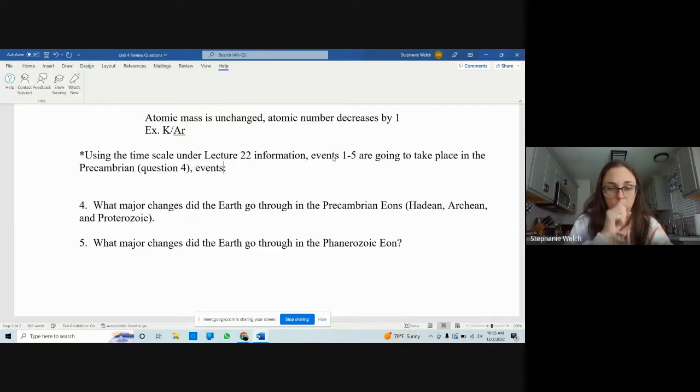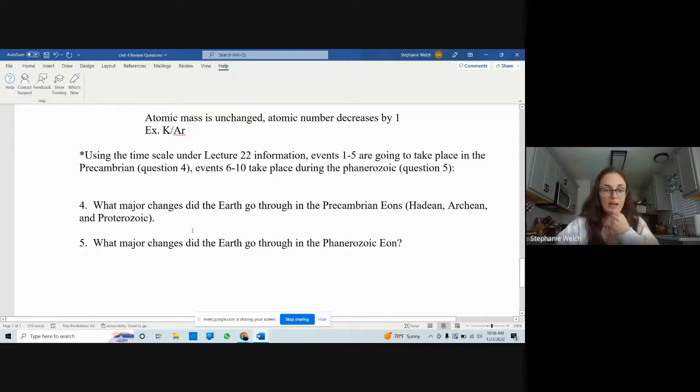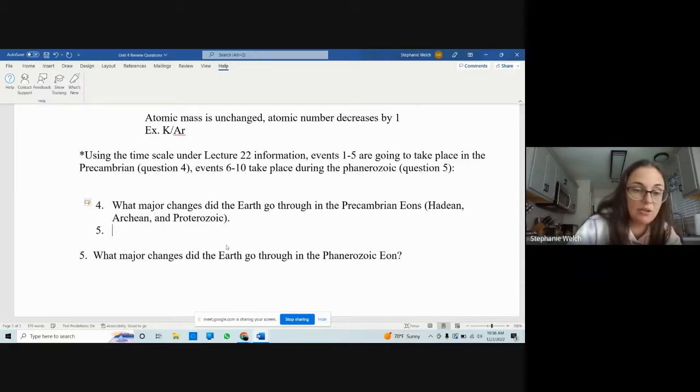And events 6 through 10 take place during the Phanerozoic. That's question 5. So we're going to keep waffling back and forth between the time scale and the text of these two questions here.